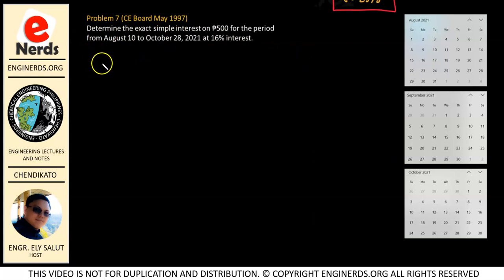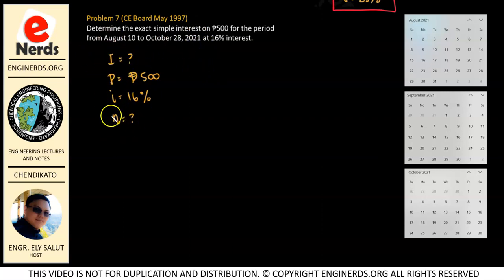So yun ang kailangan nating makuha. Our I is unknown. But we know our principal amount P, which is equal to 500 pesos, and we know our I, which is 16%. And our N is from August 10 to October 28, 2021. So we need to determine that.